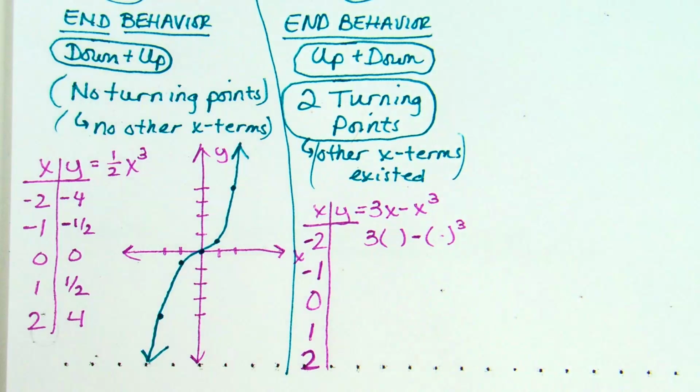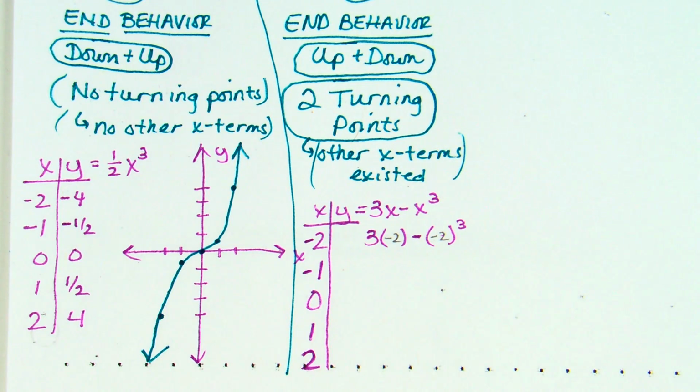Okay, first number to plug in, -2. 3 times -2, -6. -2 to the third, -8. -6 minus -8. So it really becomes -6 plus 8, which is +2.